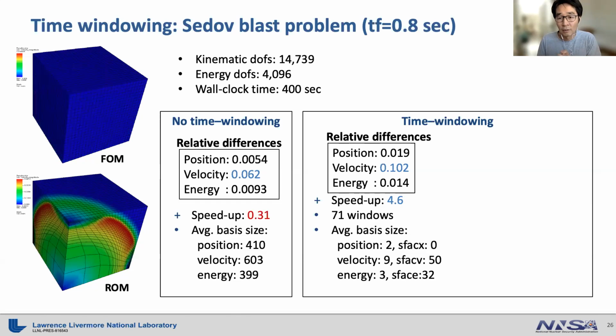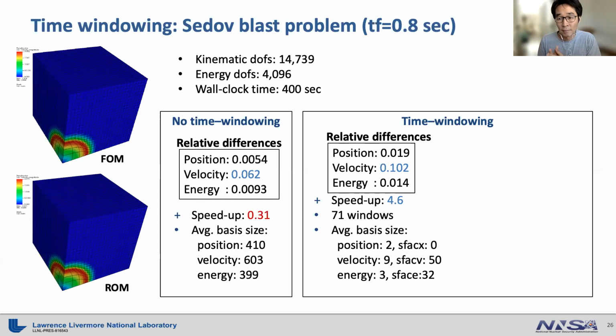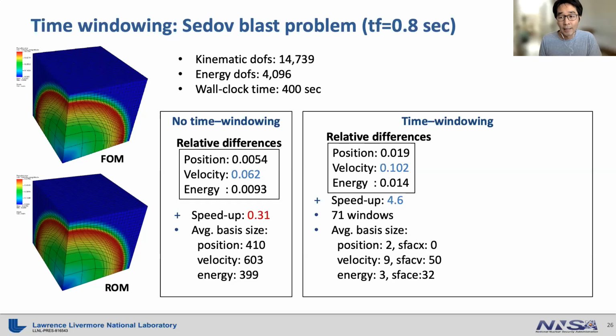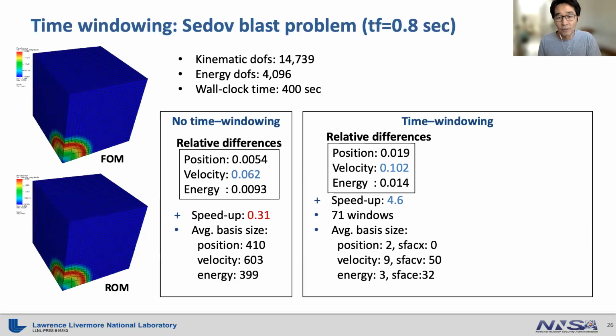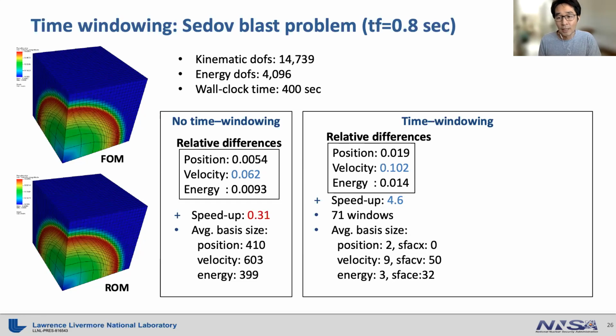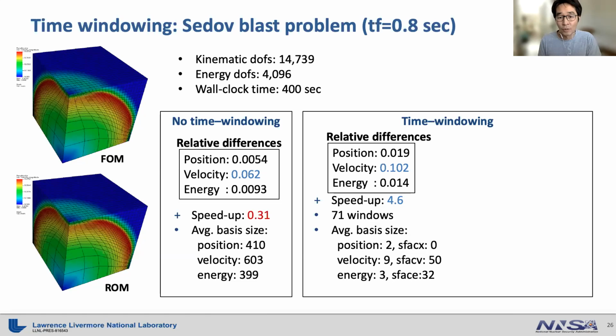Here the full order model and its data are generated by the open source code Laghos, and for these problems the total degrees of freedom was 14,000 and the energy degrees of freedom was around 4,000. The full order model takes around 400 seconds for one simulation.